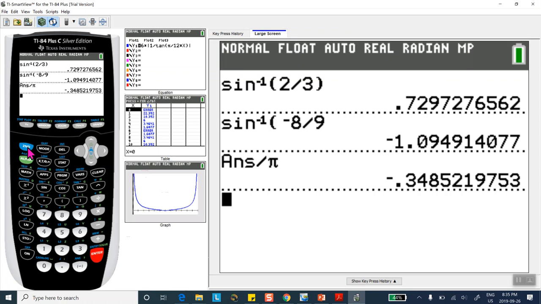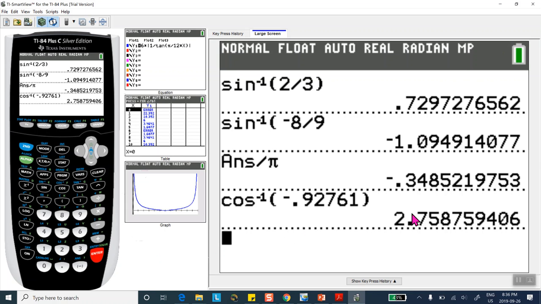So second function, cos inverse, which is right here. The cos button, second function of it is cos inverse, and it's going to be negative. There's your negative, 0.9272761, and you close it and enter, and there we are.